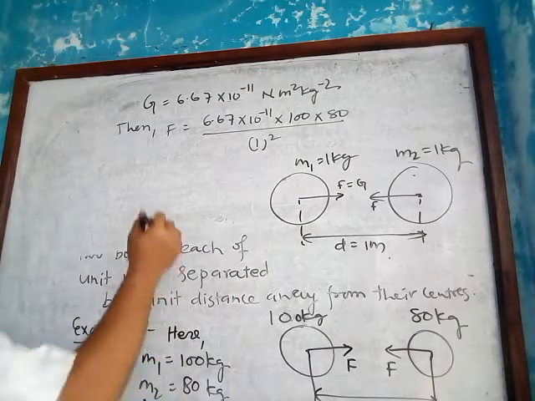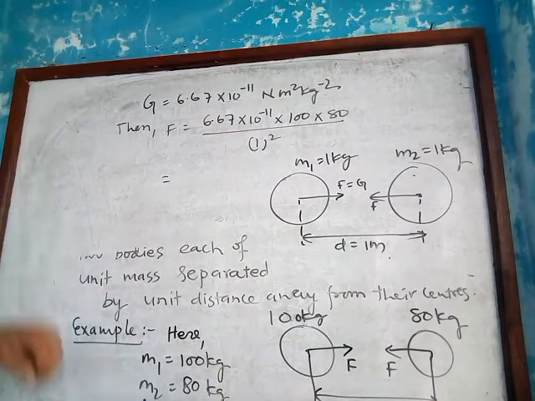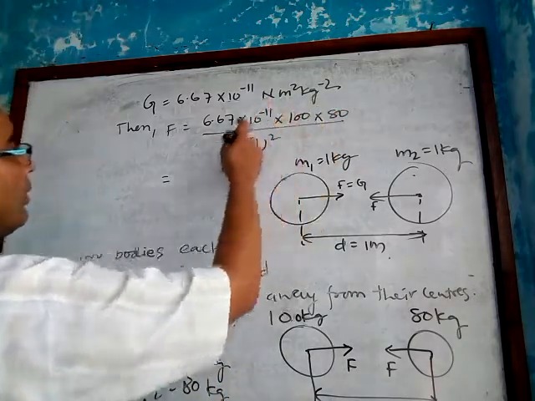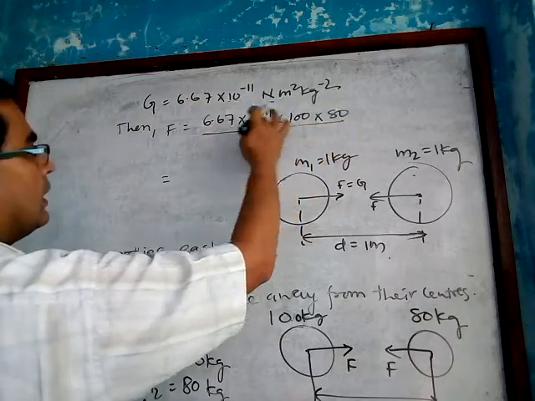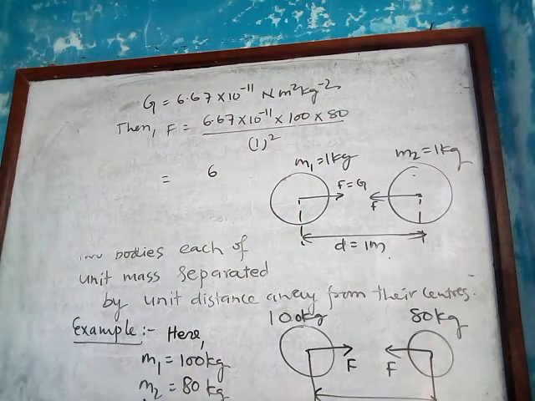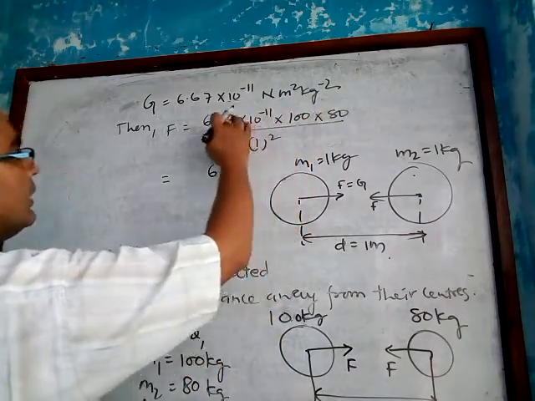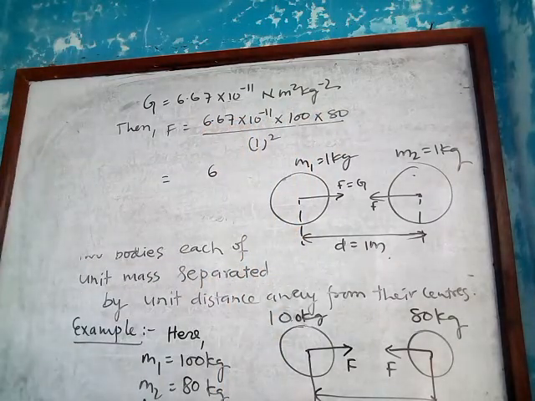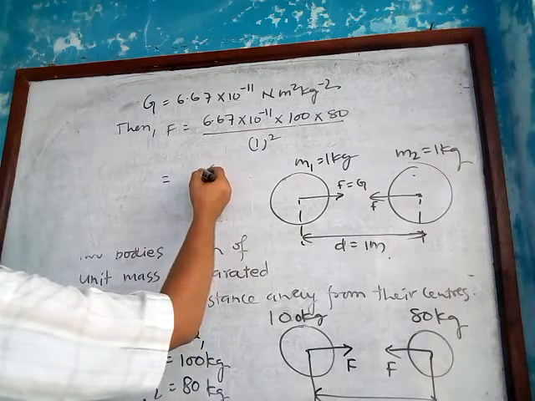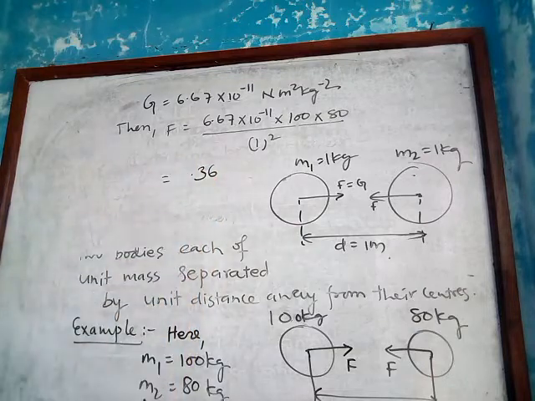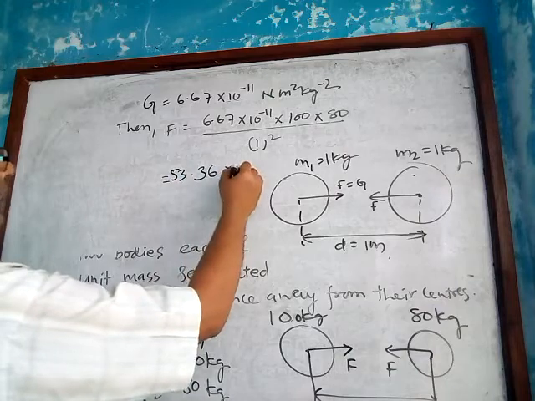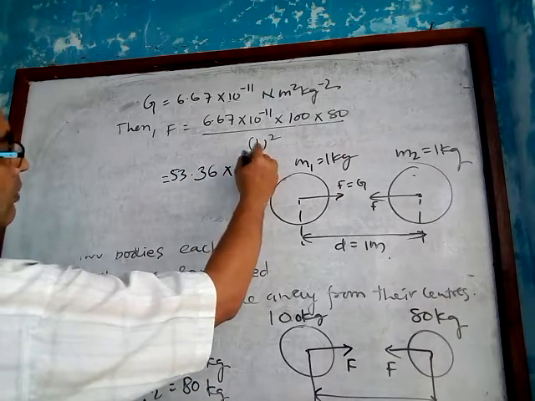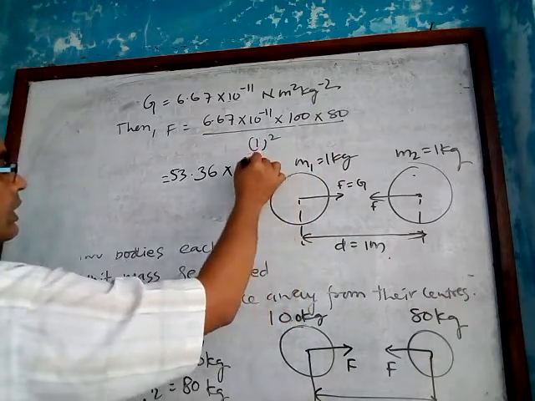Okay, on calculating we get F equals 53.36 into 10 to the power minus 8 Newton.